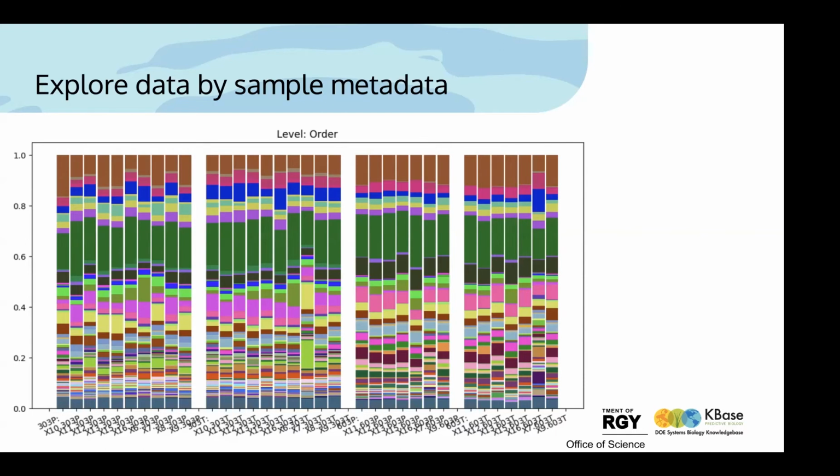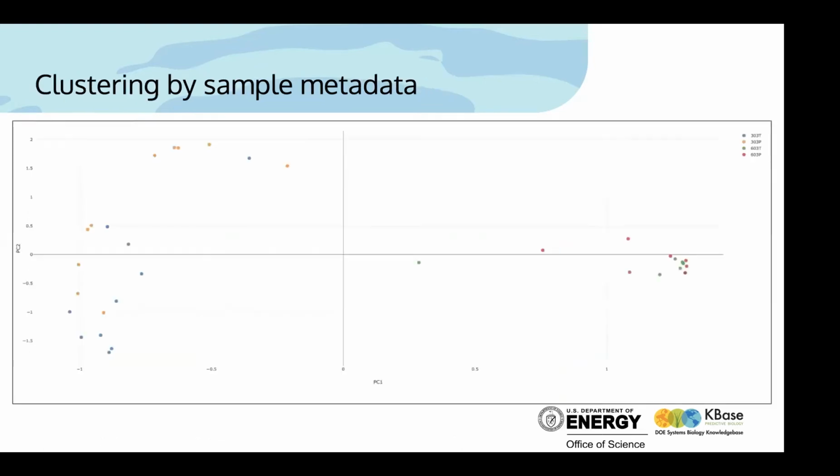And if I wanted to look at this differently, I have these different time points, so I could break it up by time point and group all of the different locations together. I could do that as well in the app. I could just select my sampling time as opposed to the sampling location that I entered. All right, and so this just gives you a quick way to make sense of the data and how samples differ from each other.